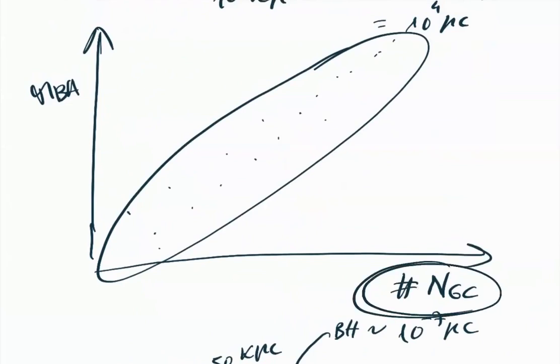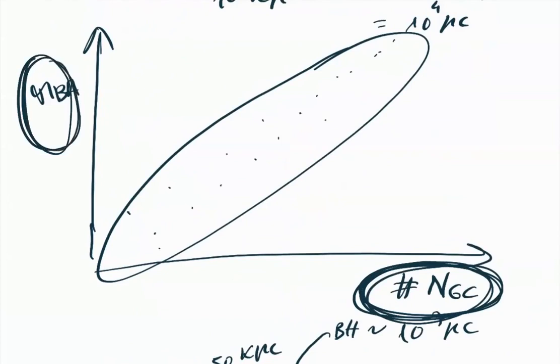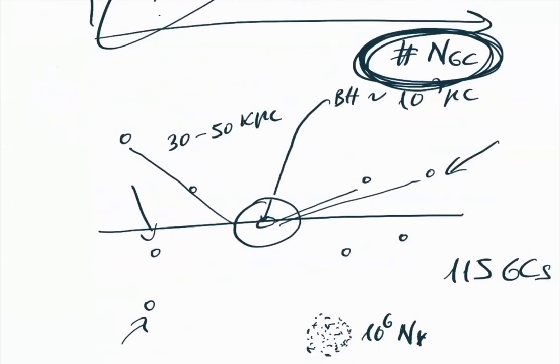Okay, so for whatever reason, the number of globular clusters of the host galaxy correlates with the mass of this supermassive black hole, which again is a small little thing, very far away from those globular clusters. It has no effect beyond a distance of, say, 1 to 3 parsecs in the case of our Milky Way.